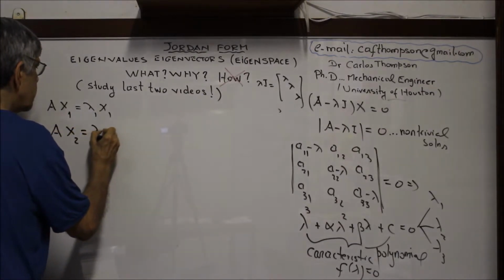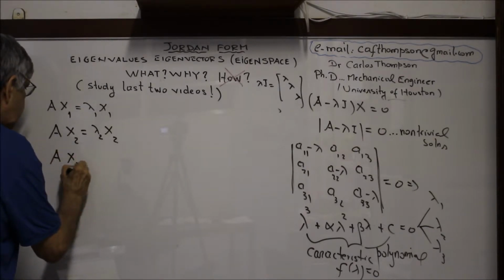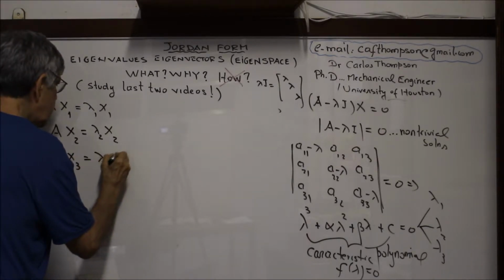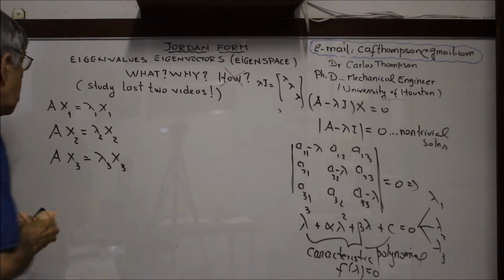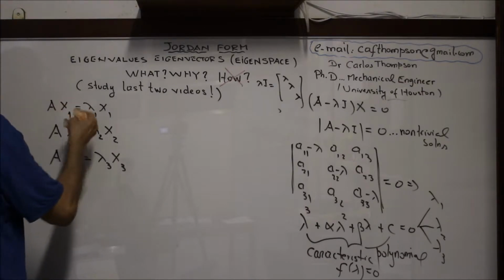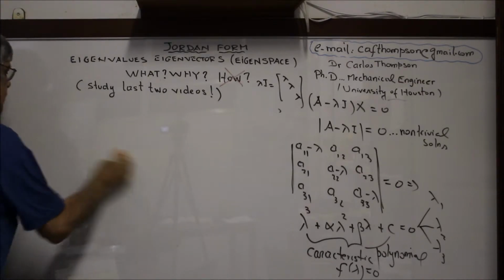Now, I have here A x2 is equal to lambda 2 x2, and A x3 is lambda 3 x3. I would like to call this, instead of x, doesn't matter, I would like to put a P. You see why?